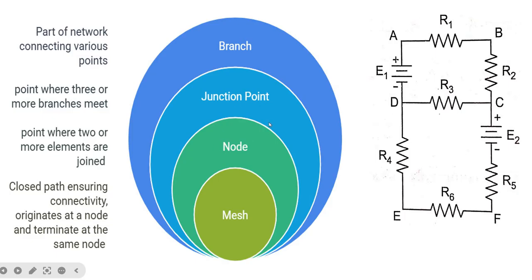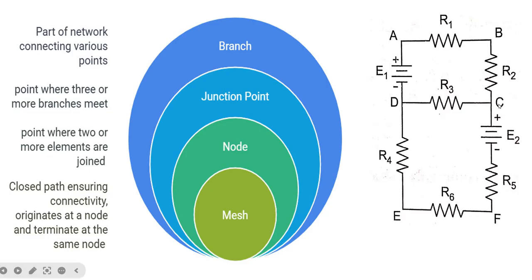Next, we'll see what a node is. A point where two or more elements are joined together is called a node. So here A is a node, B is a node, C, F, E, D, these are all nodes. Fine.